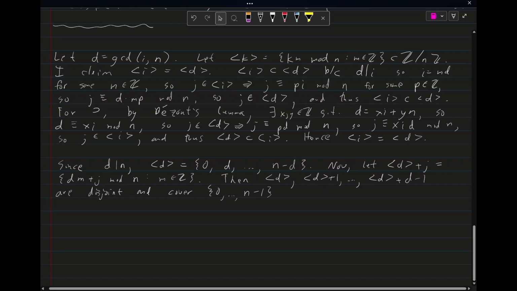I mean mod n, of course, but that doesn't really matter because it's just integer multiples of d. Even n minus d, right? Because this is 0d, 2d, 3d, 4d, 5d, all the way up to n minus d, which will be a multiple of d. Okay.